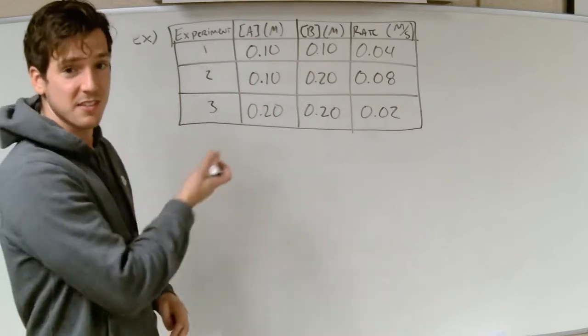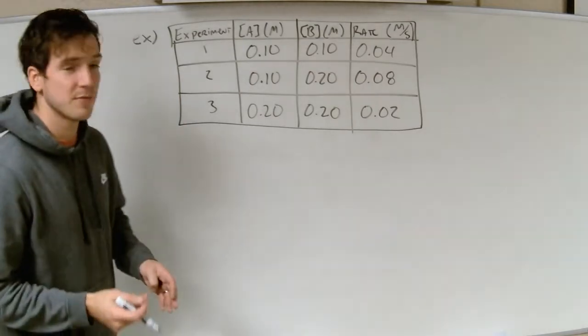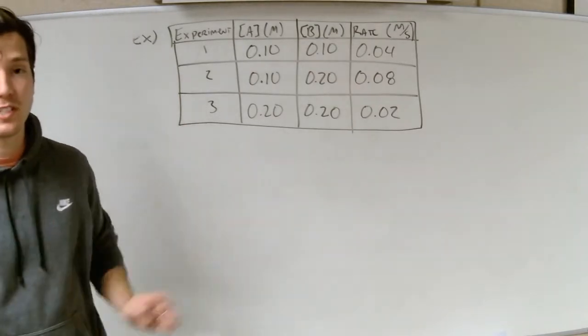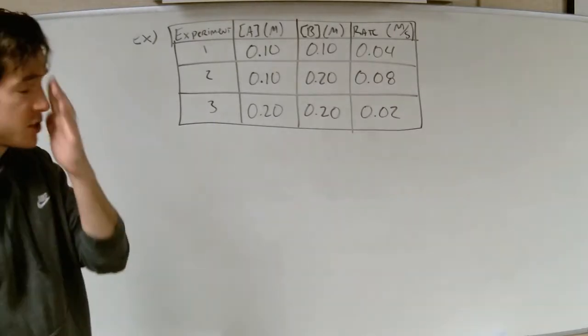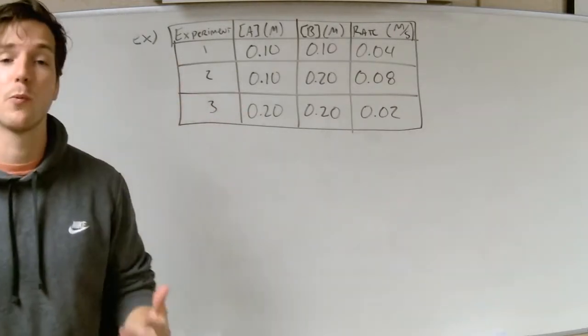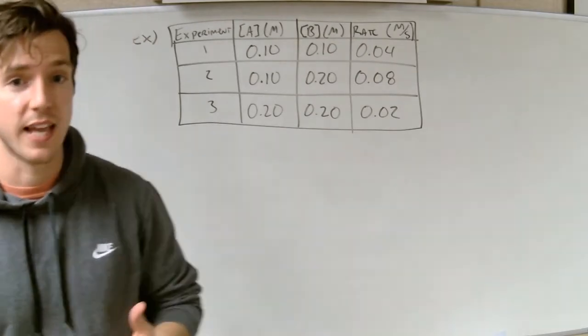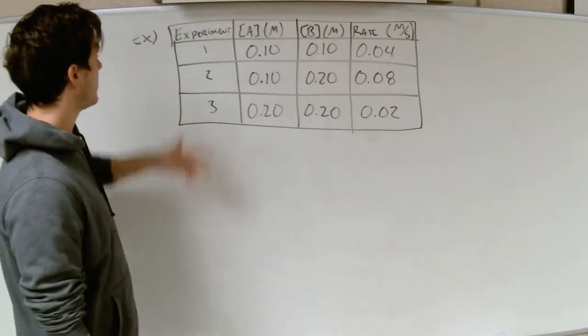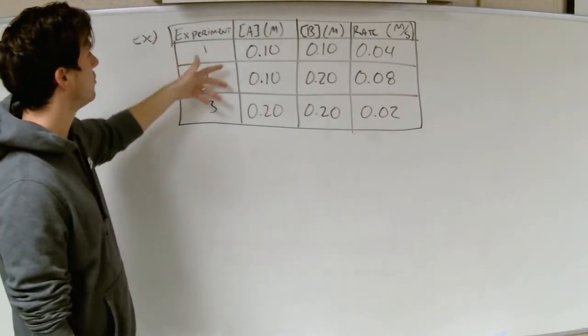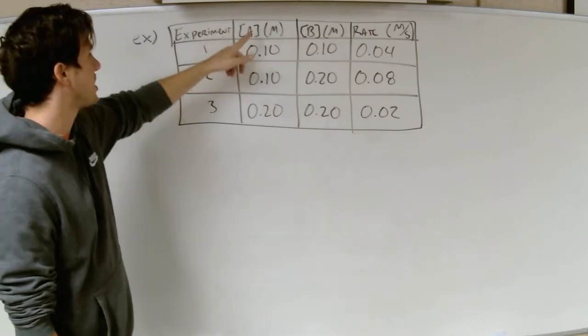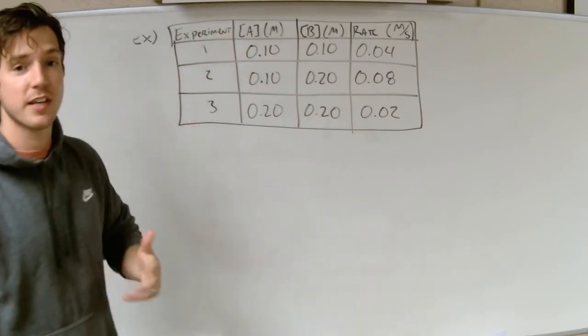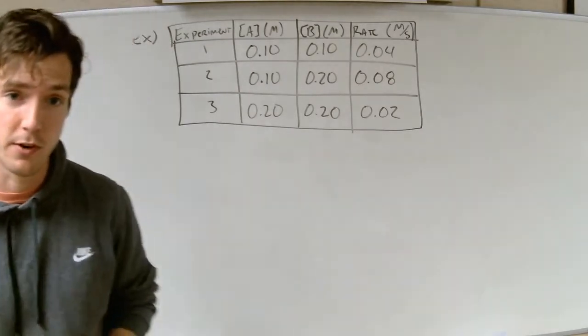So this is how this will look when we get our data in a table. What we are going to do is find two trials or two experiments where we kept the concentration the same. If you are looking here in experiment 1 and 2, you will notice that for concentration A, we left the concentration the same for experiment 1 and 2.